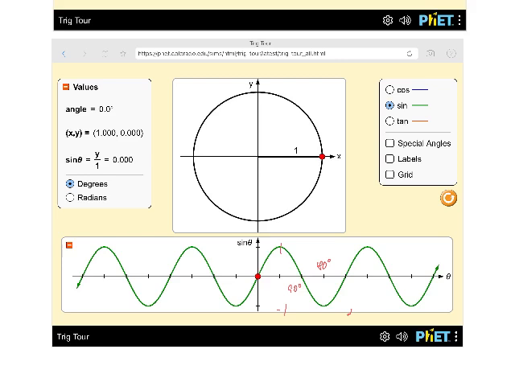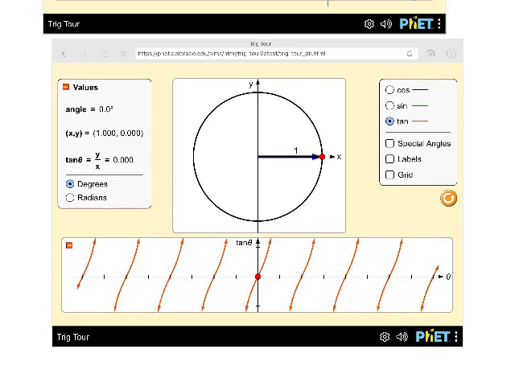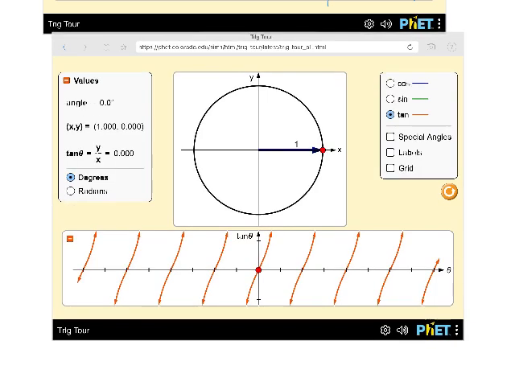And then let's look at the tan lastly. So let's label the tan now. The tan keeps going like this. It doesn't just go from 1 to minus 1.